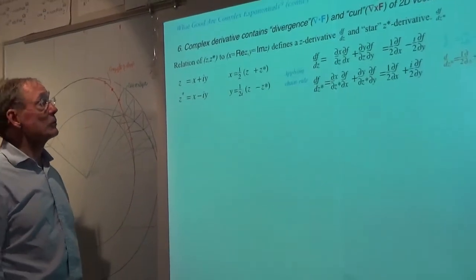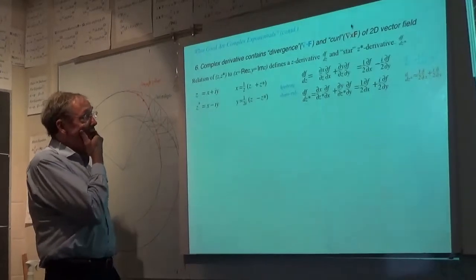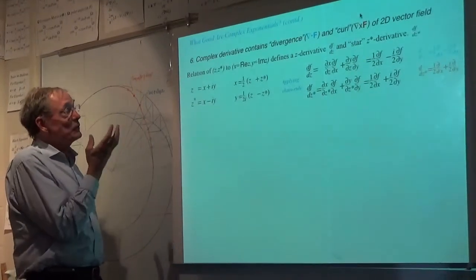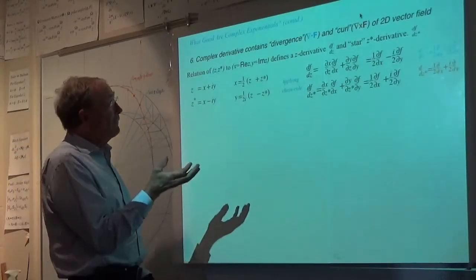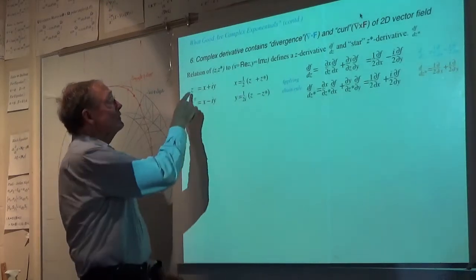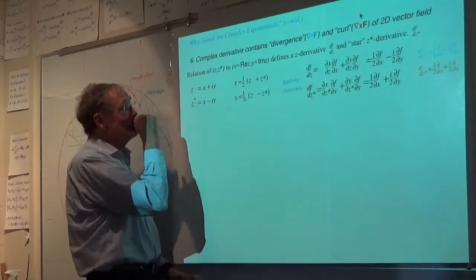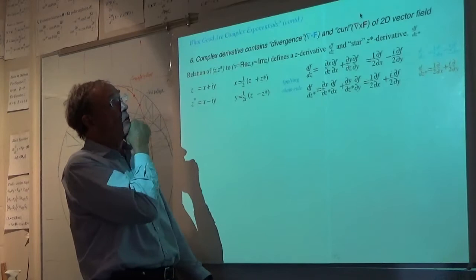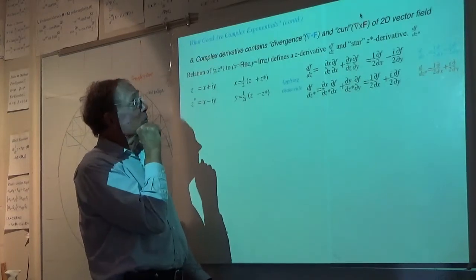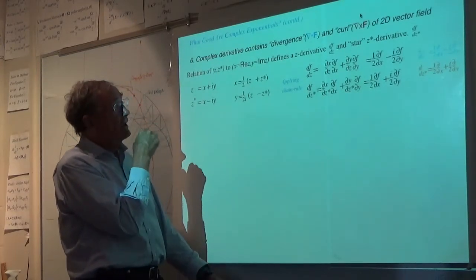So here is where we show that if you take a derivative with respect to a variable like z, which is x plus iy, you will get two things.